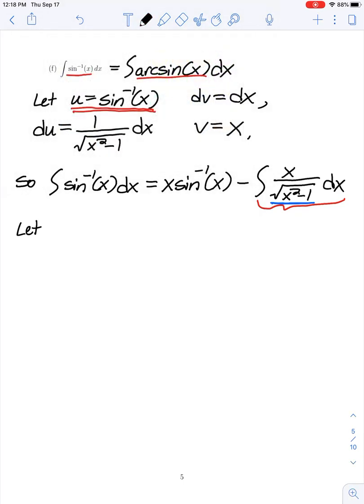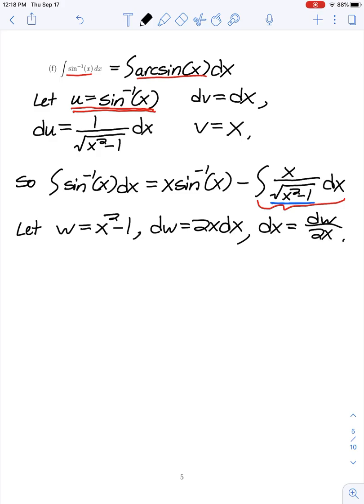So instead of using u for our variable, let's use something else, maybe w. So when I make my substitution in this integral, I'm going to let w be x squared minus 1, so that dw is 2x dx, and dx is then dw over 2x.